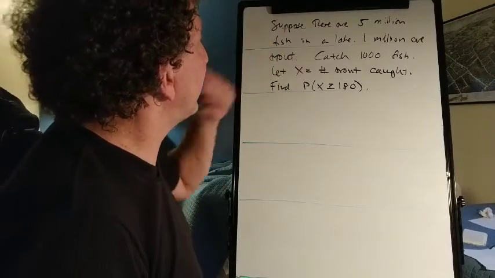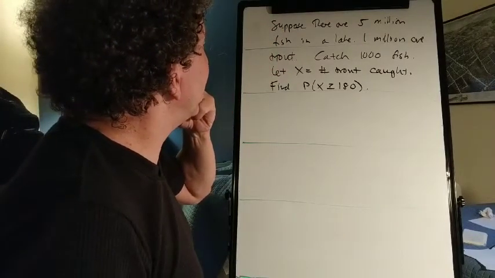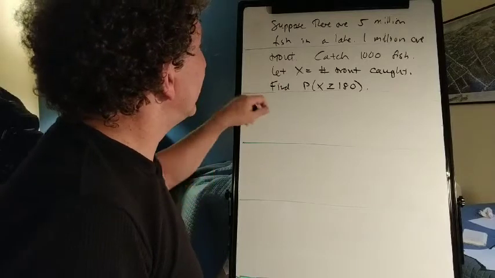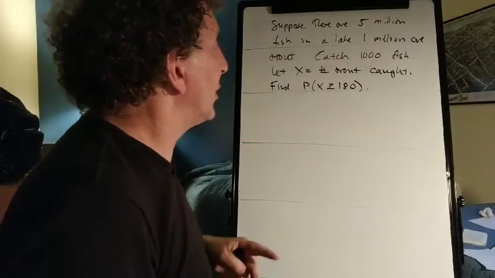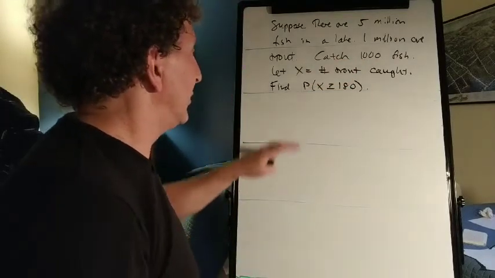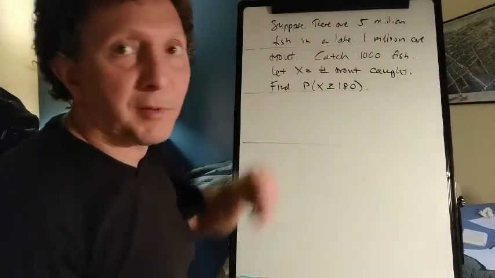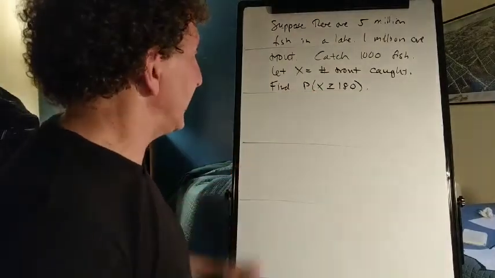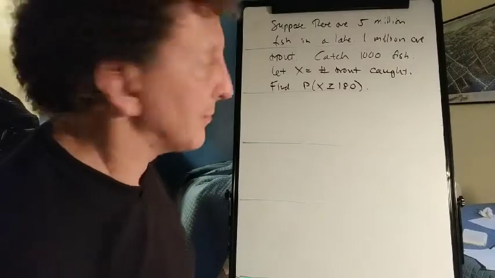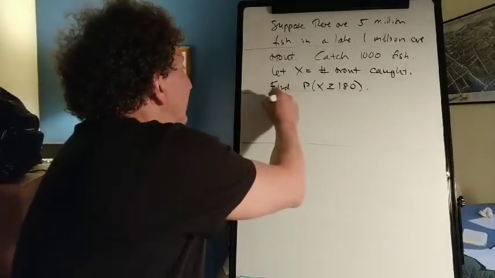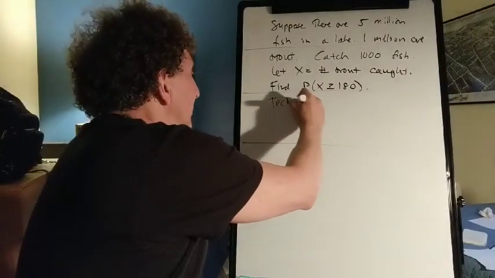So 1/5 of the fish in this lake are trout, so I guess we'd expect 200 fish to be trout. So we'd probably be pretty optimistic about the number of trout in our catch being greater than or equal to 180. Now technically this is a hypergeometric experiment.